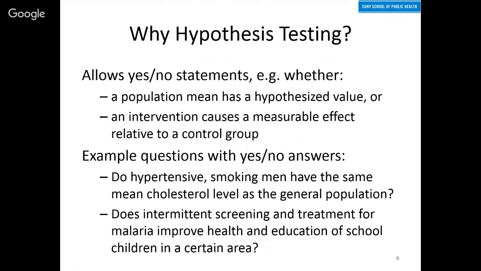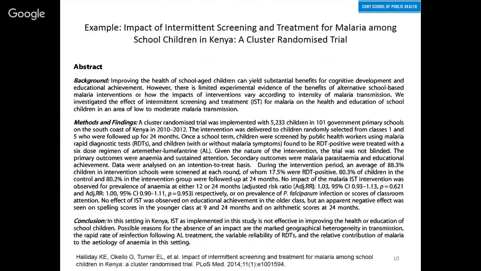The example that I've posted, this paper on this week's materials, is just because it's a good example of a public health application of hypothesis testing, and they're everywhere.